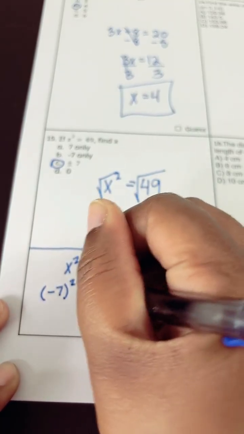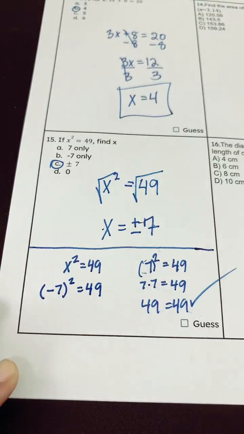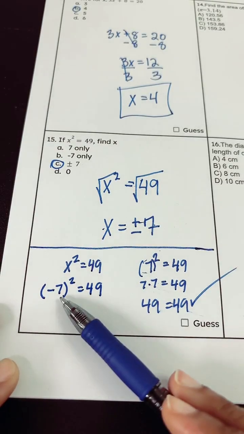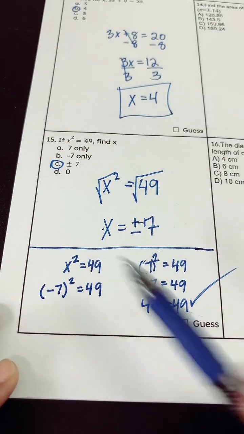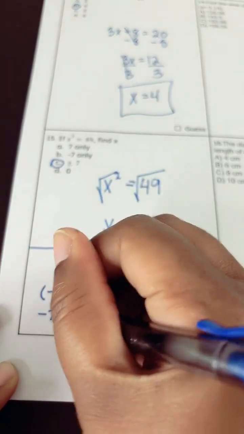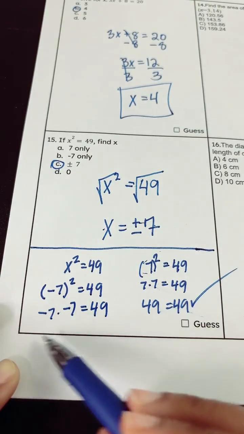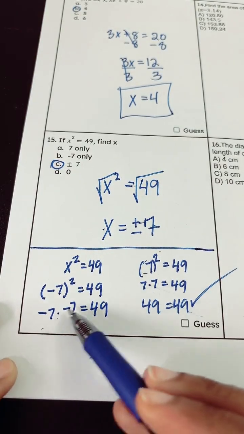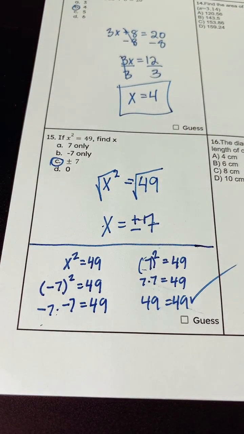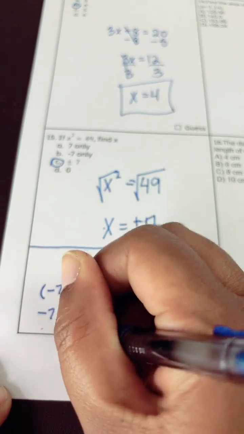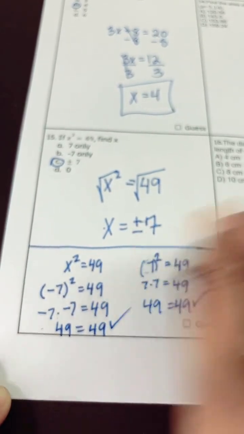-7 to the second power. Well, remember, I'm repeating this twice. -7 times -7. What does this equal, you guys? Put it in the chat. What's -7 times -7? I love to see those O's. 49. Exactly. 49 equals 49 as well.